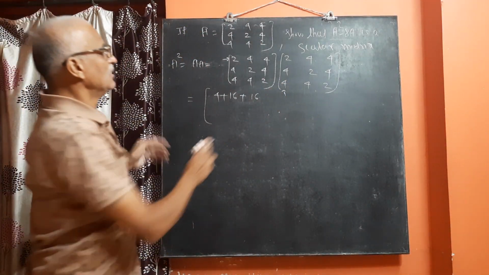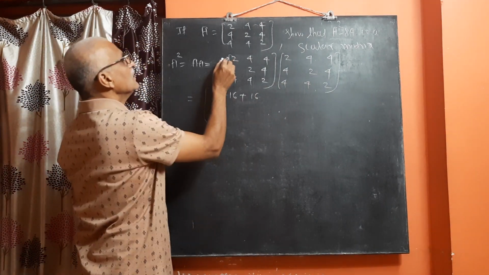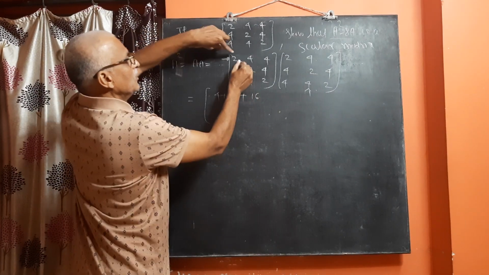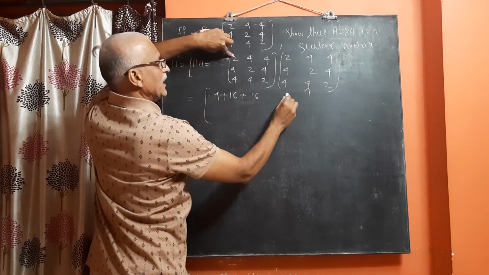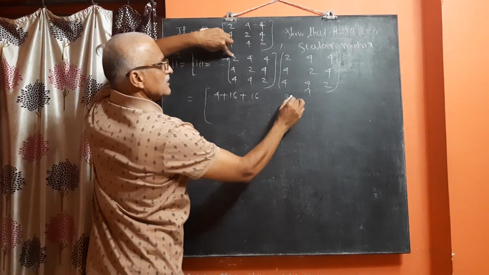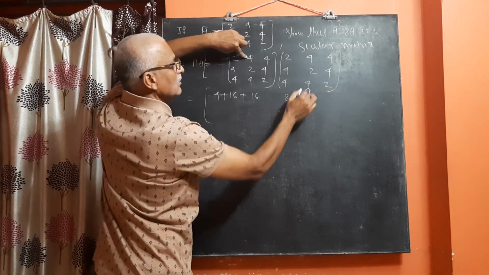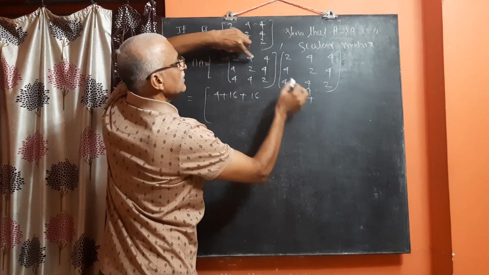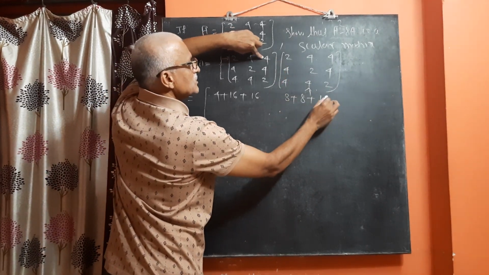Then comes first row, second column: 2 into 4, that is 8, plus 4 into 2, again 8, plus 4 into 4, 16.